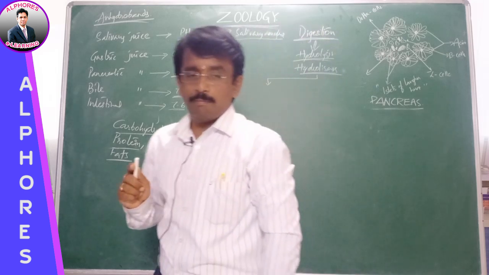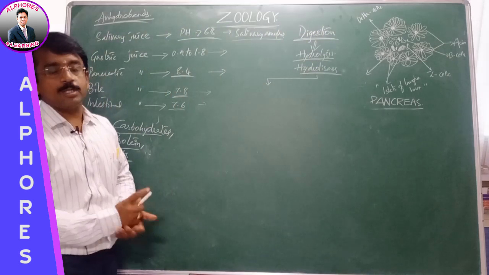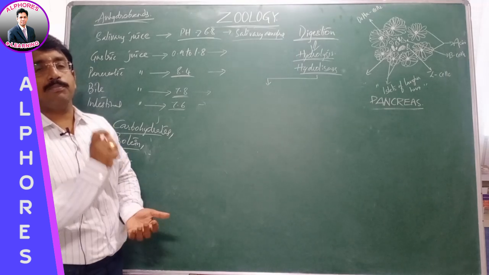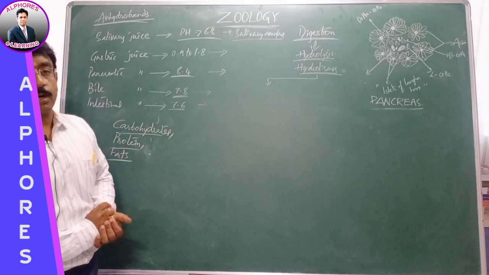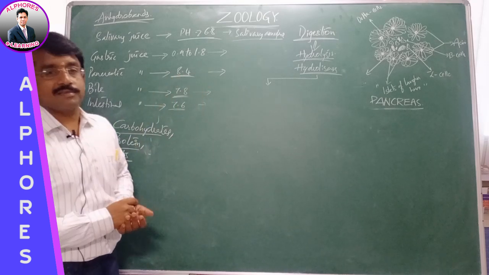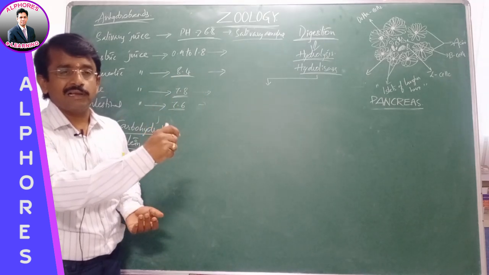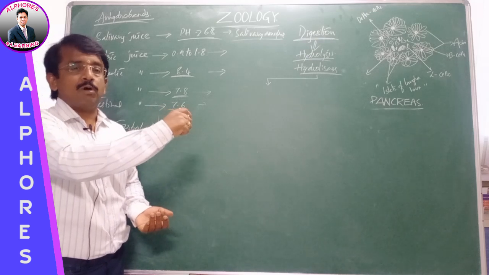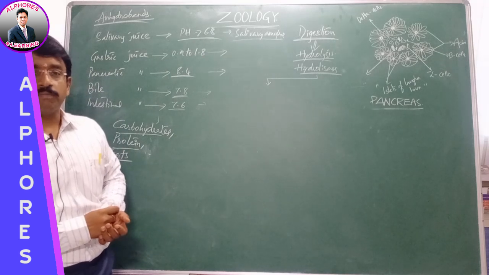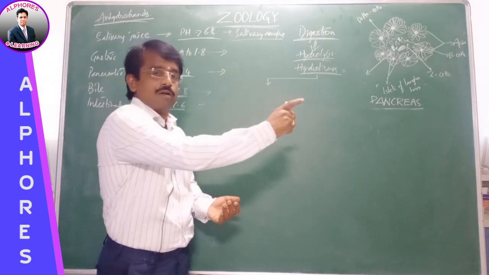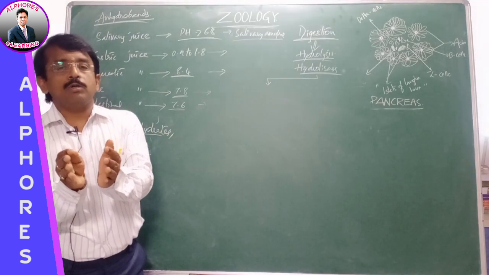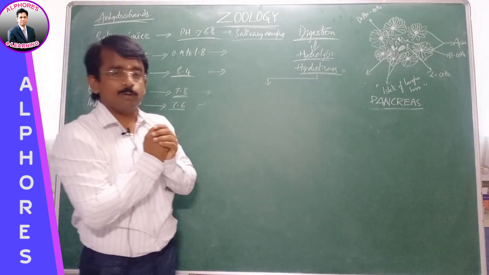Carbohydrates, in the sense of starch, are polysaccharides. The enzyme amylase converts these polysaccharides into disaccharides, namely maltose, sucrose and lactose.